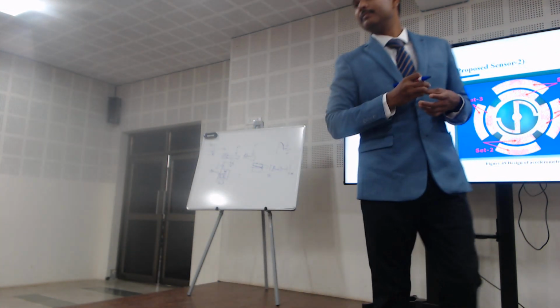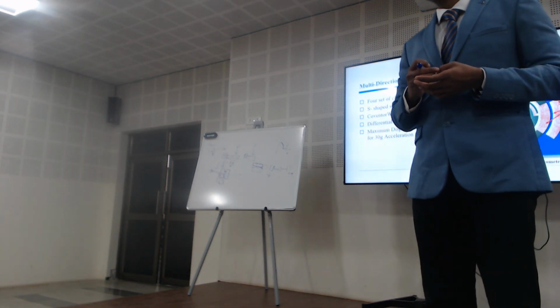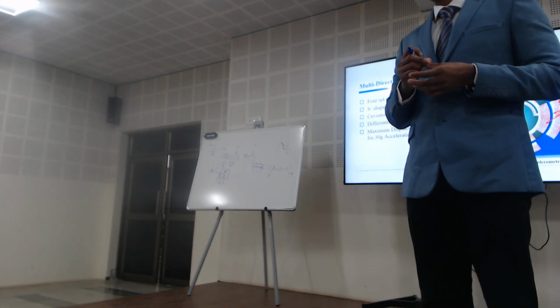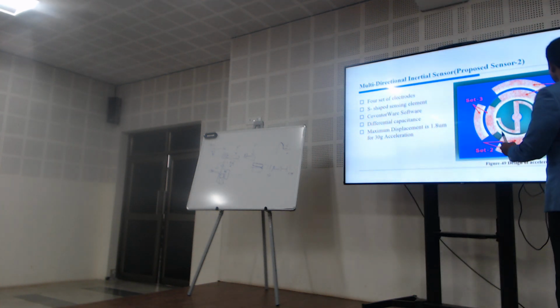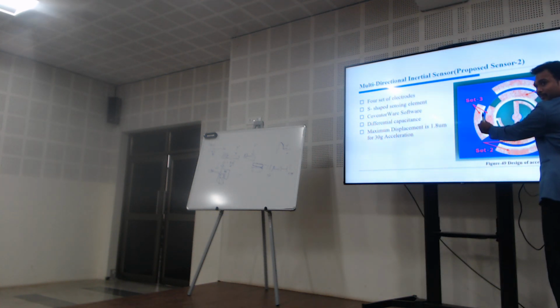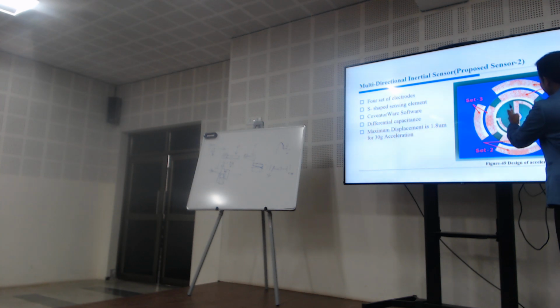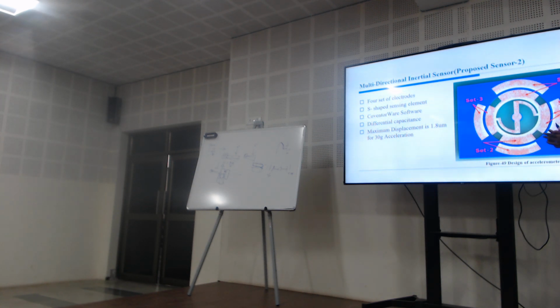When you apply force, the capacitance values change. These two are at equal distance, right? Whenever I apply force in the x direction, this will increase and this will decrease. The difference of these two we take, and then we get the capacitance value in the x direction.